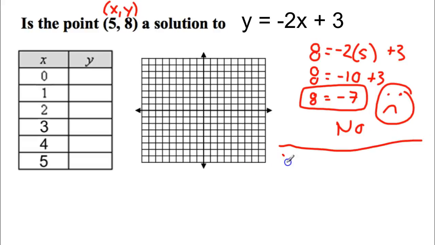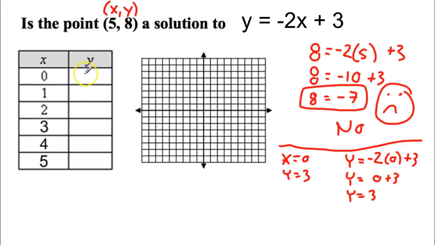So when x equals 0, I'm going to say y equals negative 2, instead of x, I put in 0, and then I do plus 3. When I simplify, negative 2 times 0 is 0, plus 3. So that means y is 3. So when x is 0, y equals 3, and I can put 3 right there.